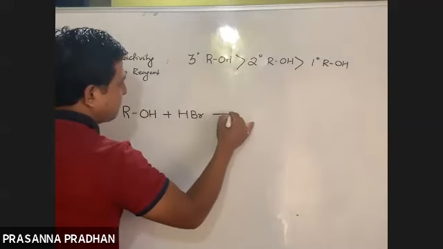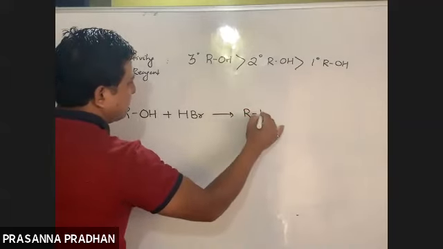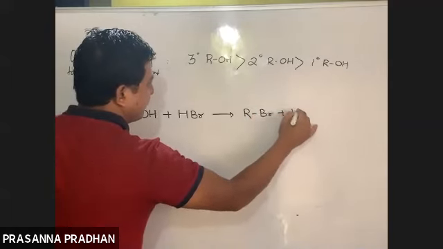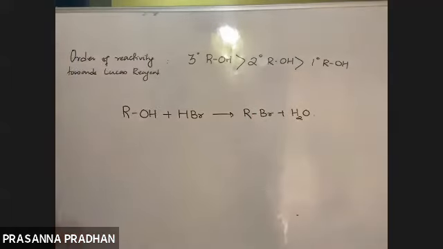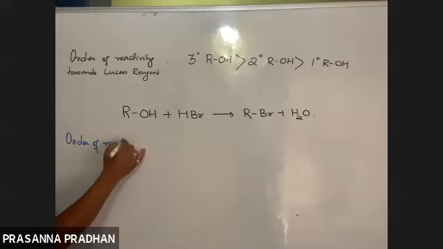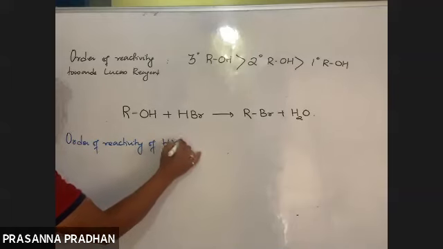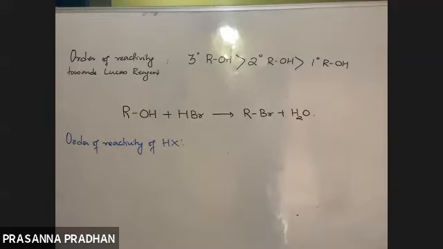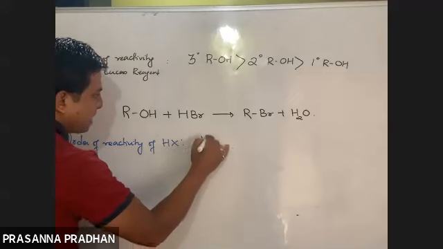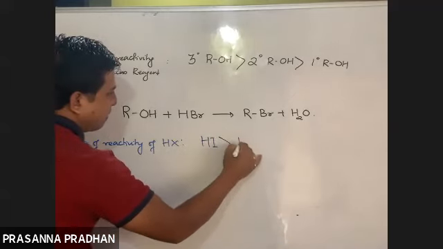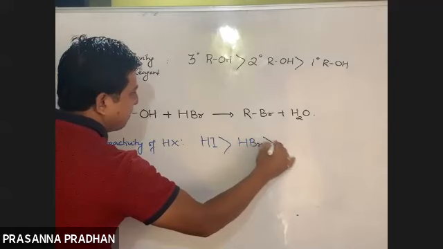So what is the product? Now we should be knowing the product. The product is alkyl bromide plus H2O. Here again you need to remember some points. Remember the order of reactivity of halogen acids. Which halogen acid is most reactive? The most reactive is HI, followed by HBr, followed by HCl.